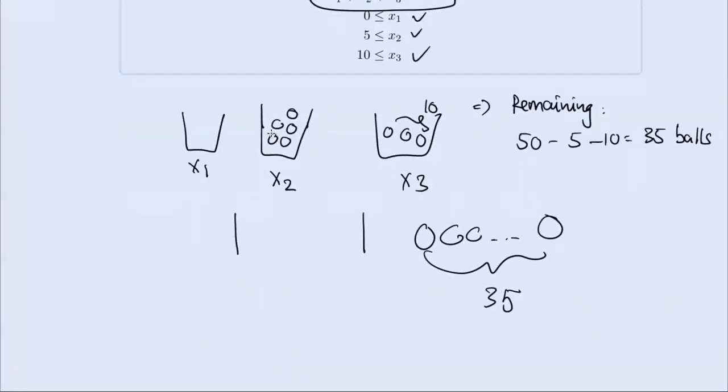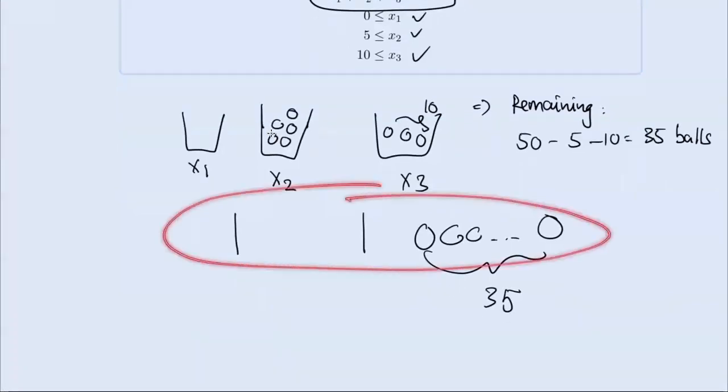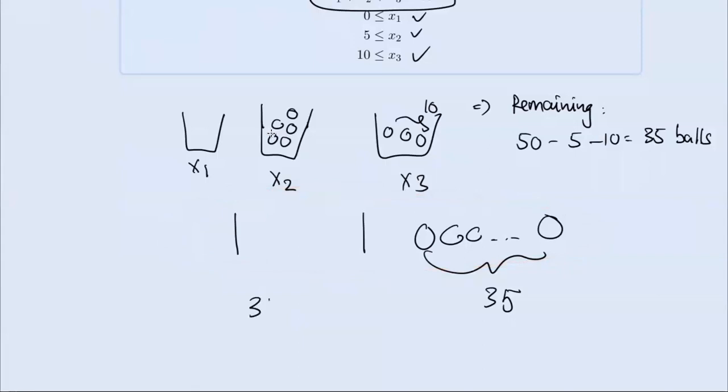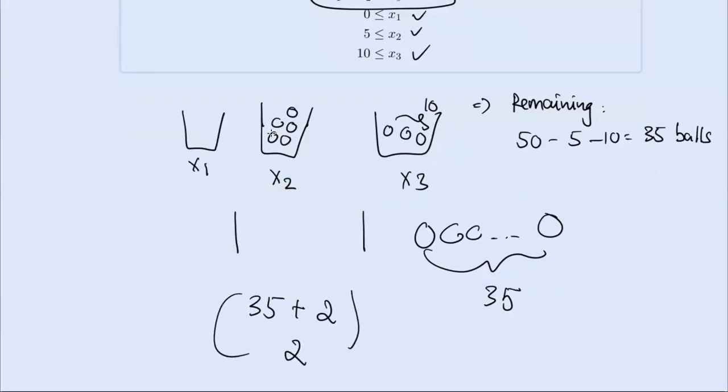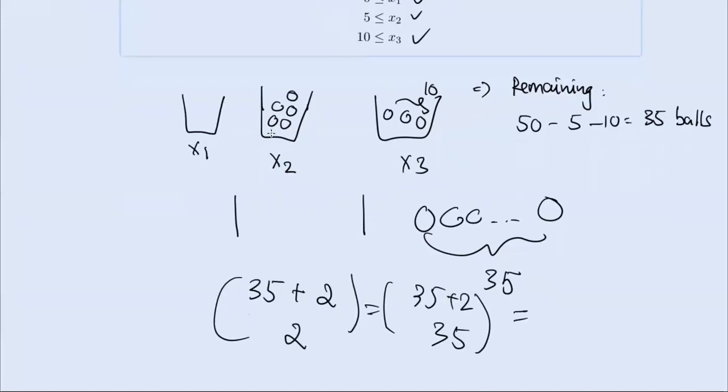So the number of ways you can arrange this sequence is 35 balls plus the 2 dividers. And then you choose the position for the 2 dividers like this. Or you can also choose the position for the 35 balls. Or you can just do permutation with multiset.